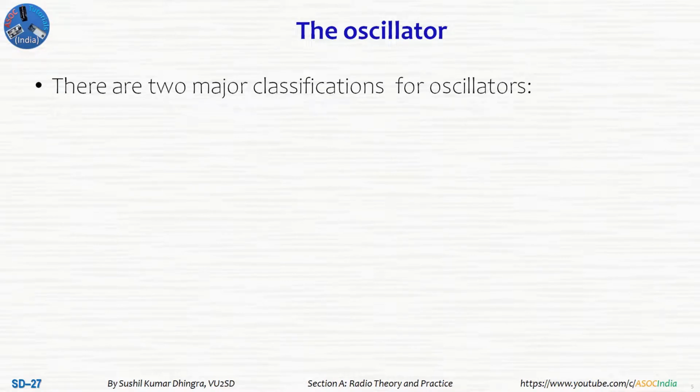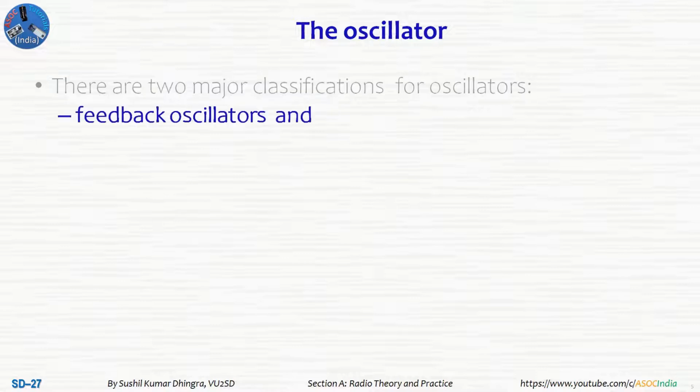There are two major classifications of oscillator. Note down: one is the feedback oscillator, which works on feedback, and the second is the relaxation oscillator, which works on RC charging and discharging circuits.